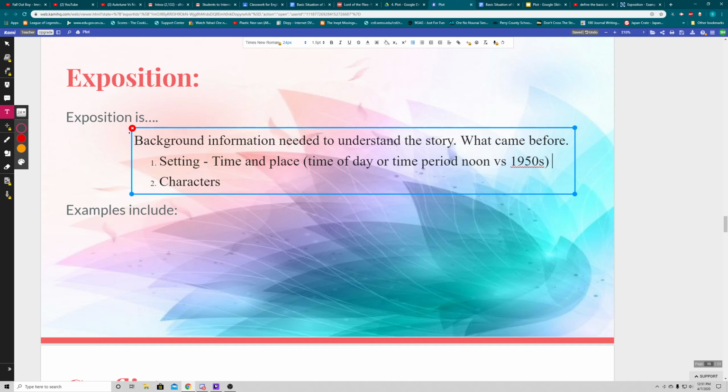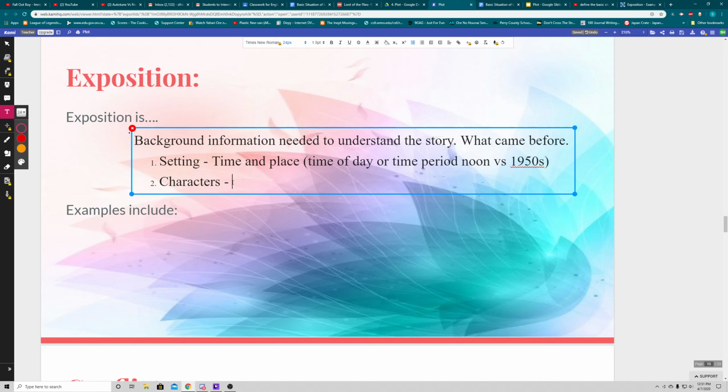Okay? So, just a review, exposition is the basic background information we need to understand a story. It includes setting, which can be time and place, and it also includes characters.